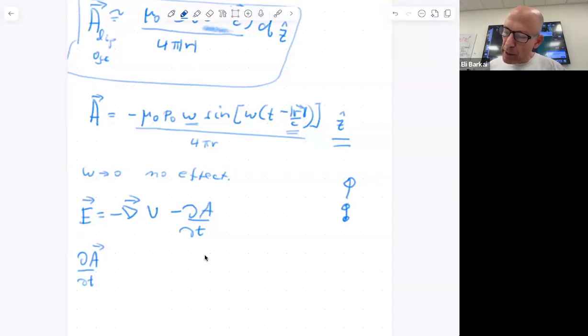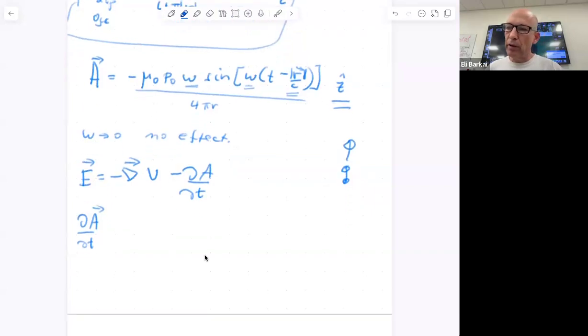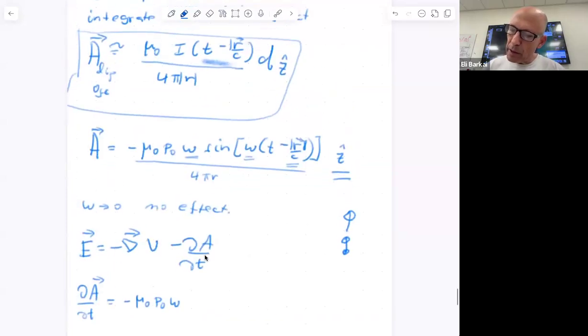Taking the time derivative is easy. I'll take the time derivative, and then what will I get? Instead of the sine, I'll get a cosine. So let us write it. It's minus mu0, p0, omega. What will happen to omega now? Maybe we should emphasize this.